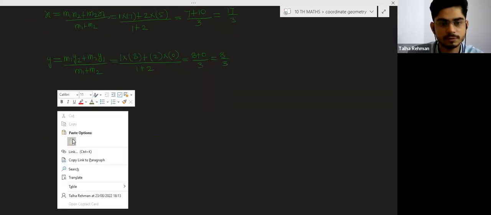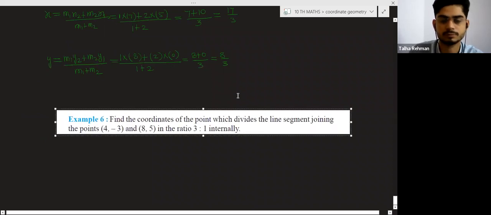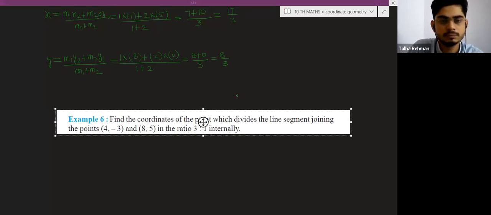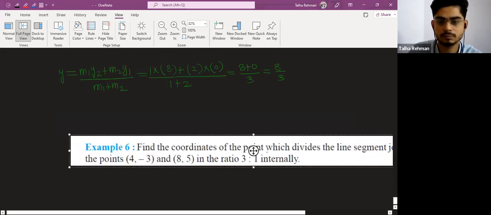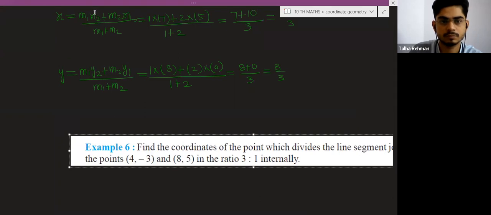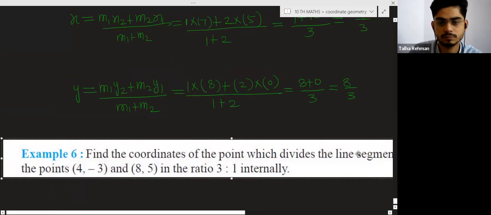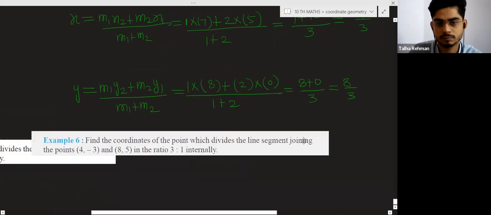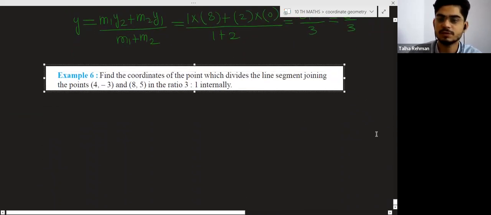Now we will solve this question. This is example number 6 of NCERT of section formula.